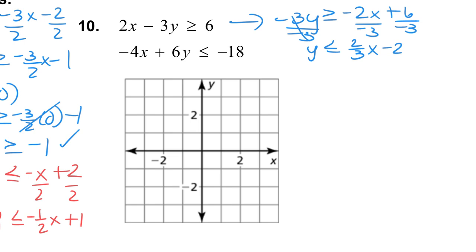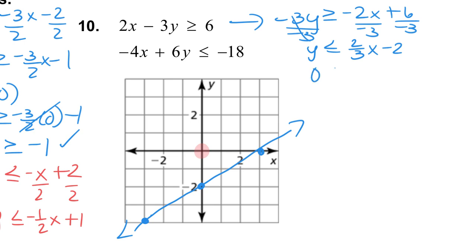I already have my first point, which is negative 2, my y-intercept, up 2 over 3. And I'm going to go backwards as well, down 2 and back 3, and I have a solid line. I'm going to use 0, 0 for my test point. Remember, it's easier as long as it's not on your boundary, because anything you multiply by 0 is going to be 0.